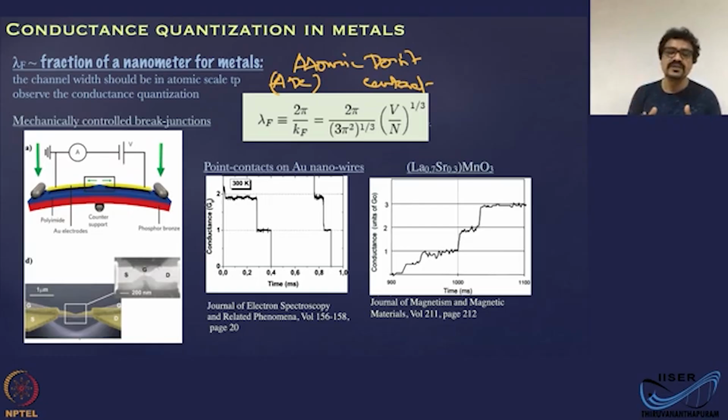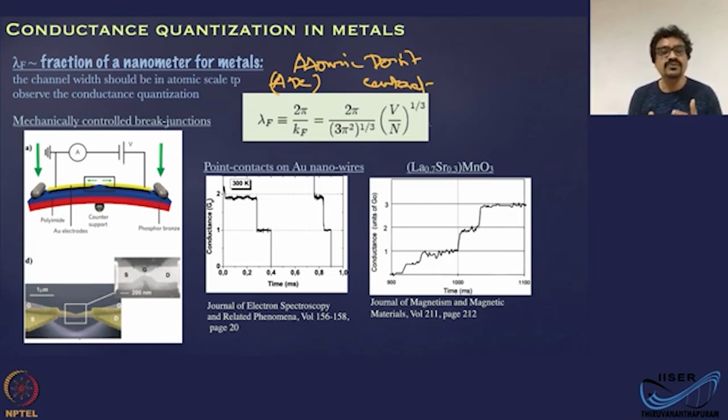So you cannot see this quantization of transport in metals at a similar size scale as that of the semiconductor. You need to go to an atomic point contact, okay? Because your constriction should be of the dimension of the lattice constant.